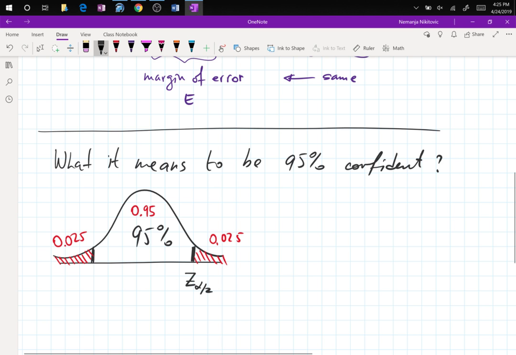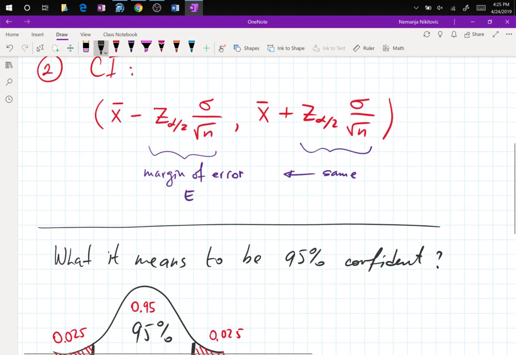So now one z would be used for positive calculations, and the other negative z, right? So this would be a negative z alpha over 2 here. And you can see them in your formula. Here's your negative z, and here's your positive z.